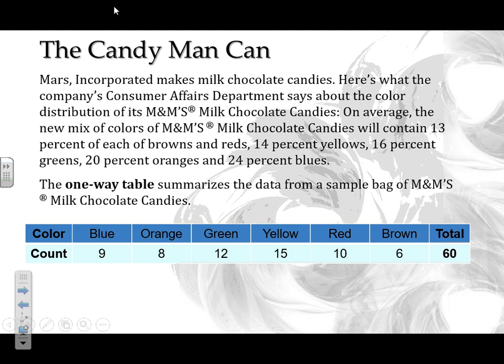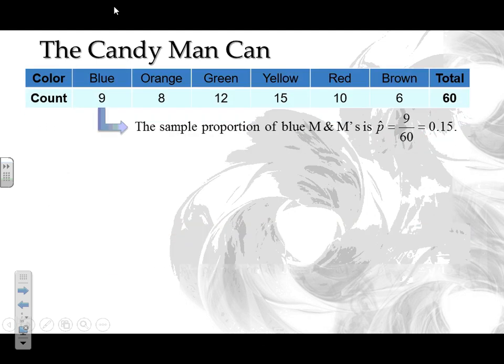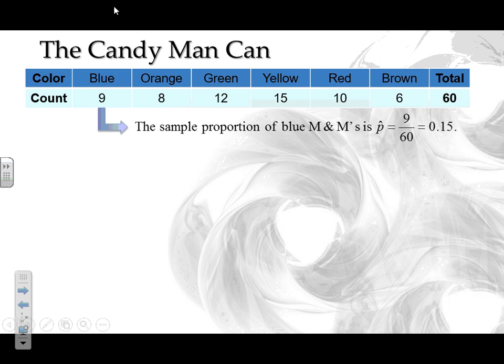Yeah, just take the value divided by total. So we would take 9 divided by 60. Based on our sample data, the sample proportion of blue M&Ms was 9 out of 60, which would be about 15%. So that's where the 0.15 is. The sample proportion would be 0.15.